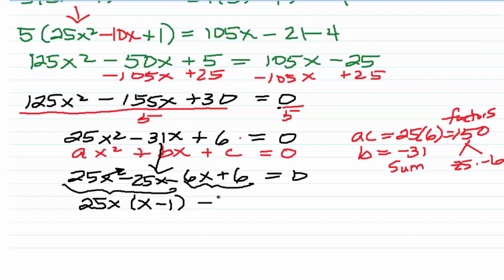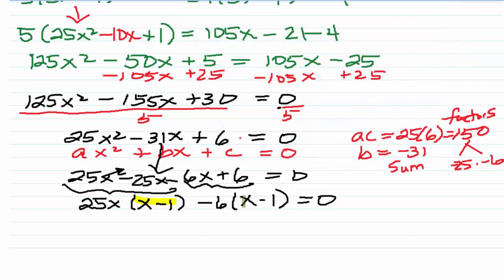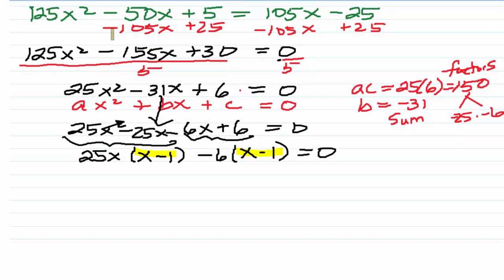So I would factor out a negative 6, which would also leave an x minus 1. You should always get the same quantity here and here if you did your AC method correctly, unless the trinomial is prime and not factorable. But this one is.